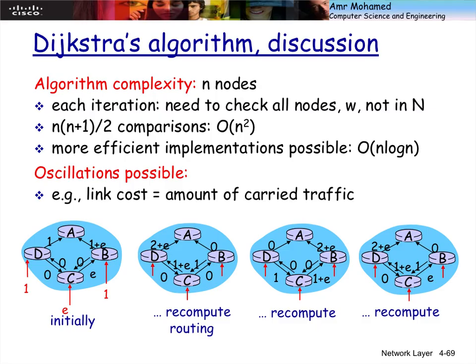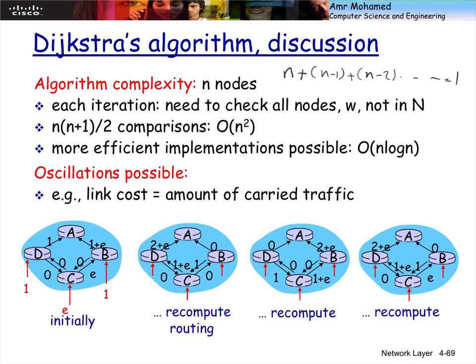Algorithm complexity here, why do we say that the algorithm complexity is quadratic? Remember that in the first step, how many calculations do I need to do, as I said? N, right? In the next iteration, n minus 1, and so on, all the way to 1.